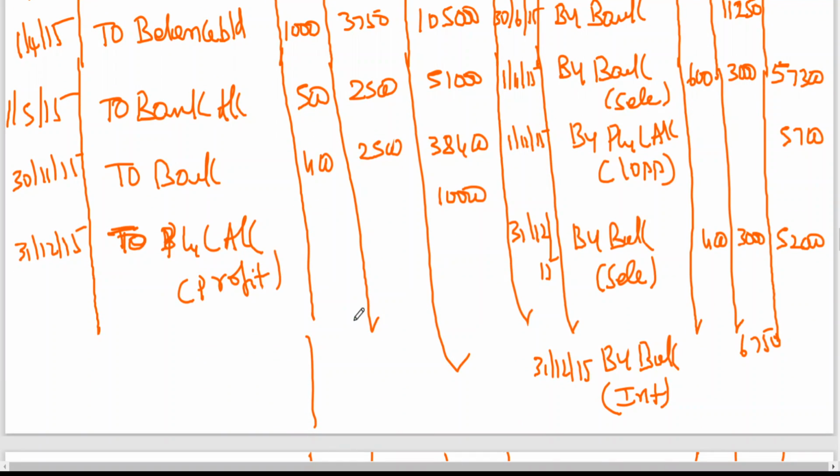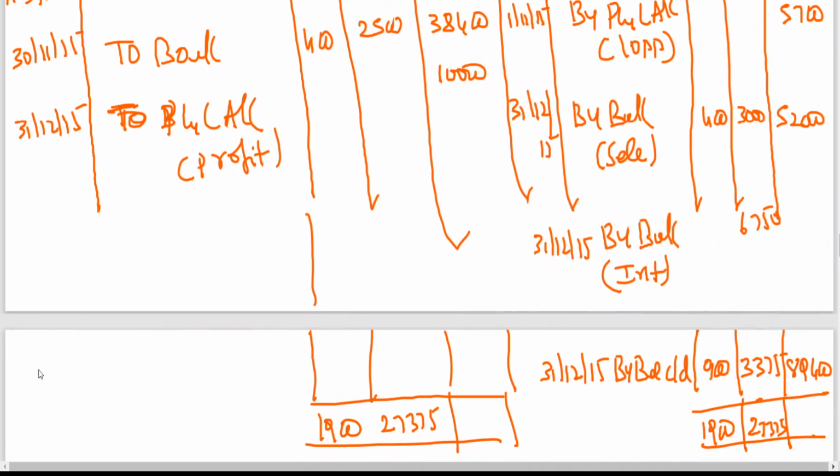Net effect is transferred to profit and loss account. $18,620. Now this also can be closed.